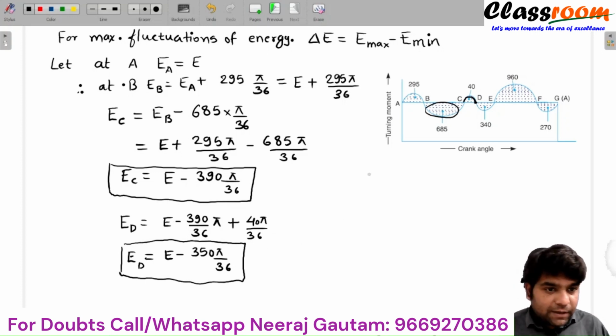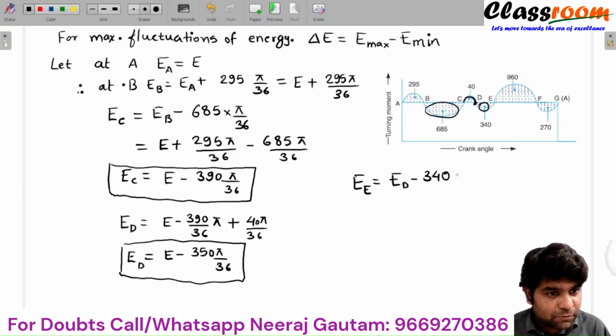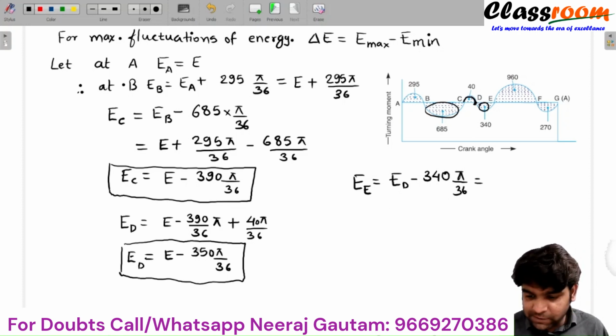So similarly, you can write energy at point E, which is the energy at point D, minus this area of 340 pi by 36. I am writing in terms of energy. If I subtract this thing from this, 350 and 340 becomes 690.